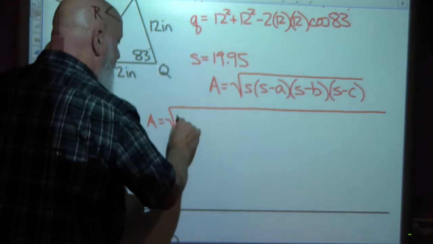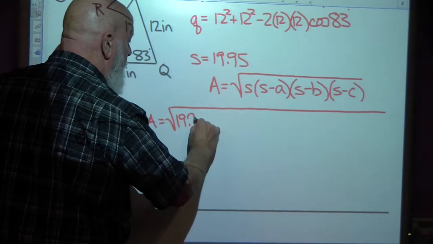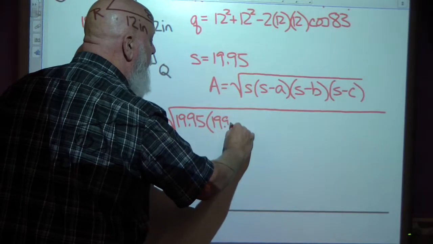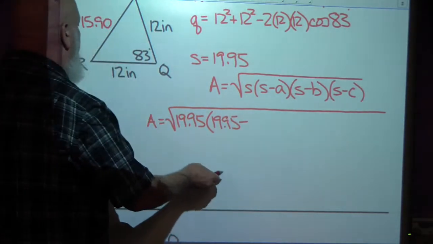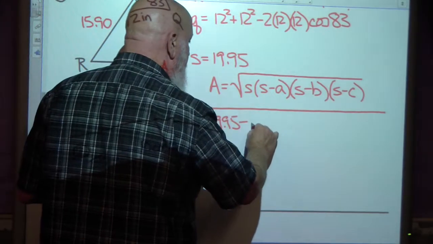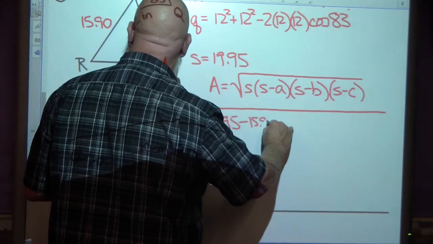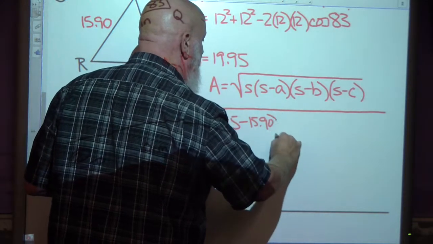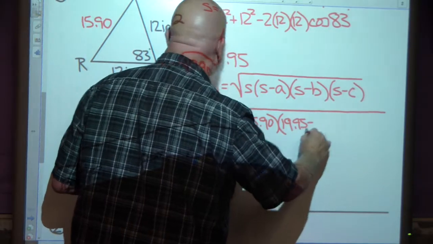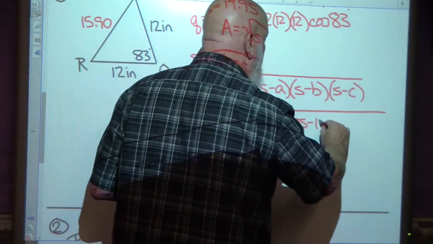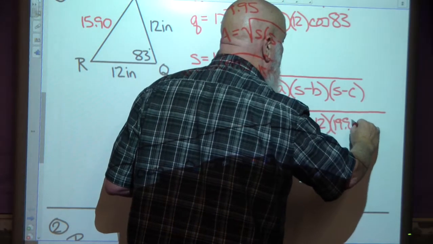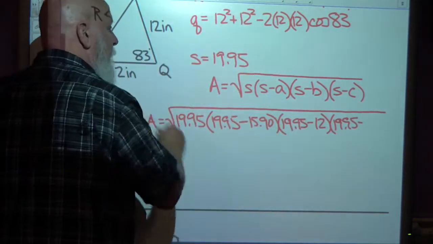S is half of the perimeter. 19.95 minus A, which would be any of these sides. 19.95 minus B, which is 12. 19.95 minus C, which is the other side.